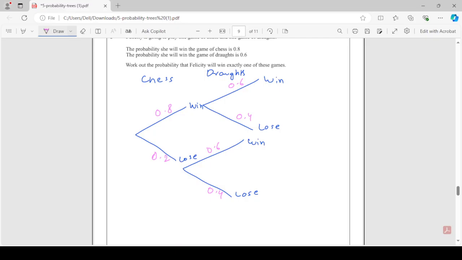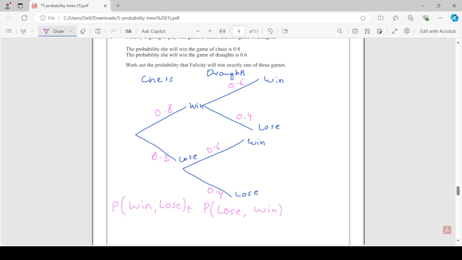If the question instead said at least, it would mean she could win both of these games at the same time. So with exactly, there will be two combinations. Probability that she will win the game of chess and lose the game of draughts, or she loses the game of chess and she wins the game of draughts.